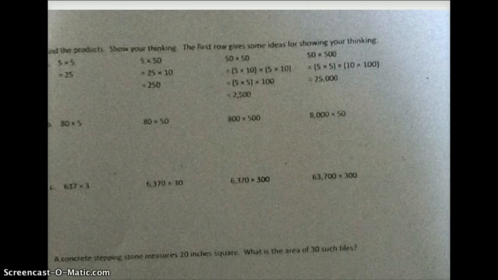You should see a pattern. 80 times 5 is the same thing as 8 times 5, which is 40, adding a 0. 80 times 50 is the same thing as 8 times 5, adding 2 zeros, because there are 2 zeros. 800 times 500 is the same thing as 8 times 5, adding how many zeros? 8,000 times 50 is the same as 8 times 5 when you add how many zeros? I want you to finish those. I think you can do those all by yourself.